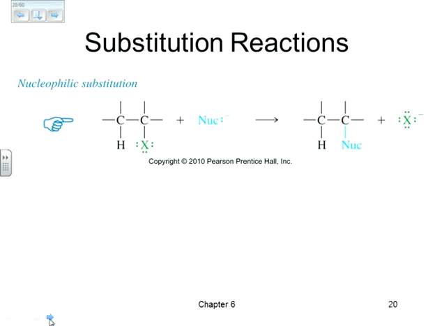So just to clarify what substitution and elimination are in terms of chemistry, let's look here. Do you see this is called a nucleophile? So you have a base and a nucleophile. What does a base do? What does it take off? Hydrogen. So the only role of a base is to take off a hydrogen.